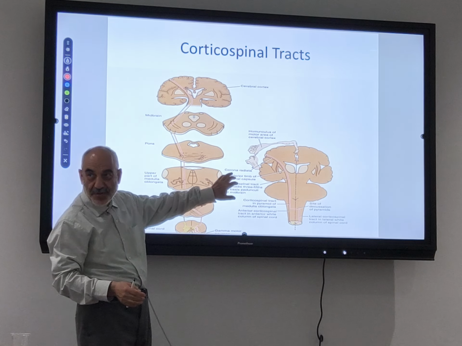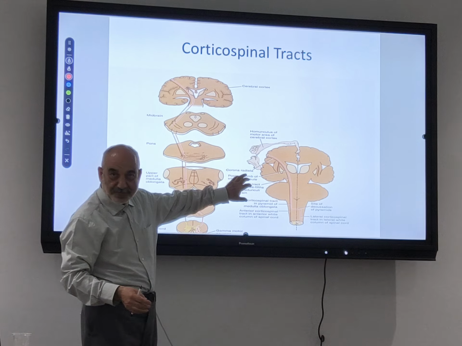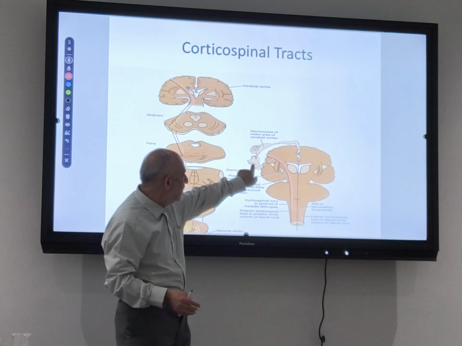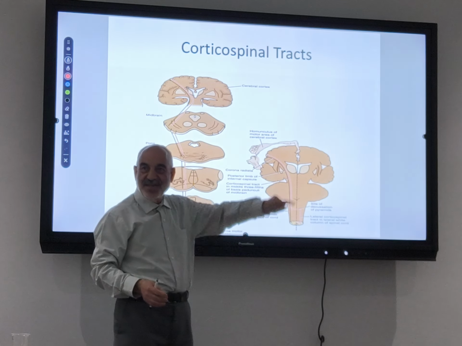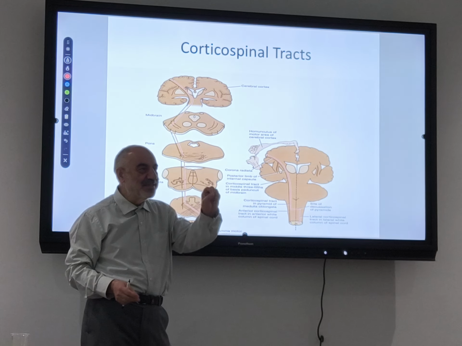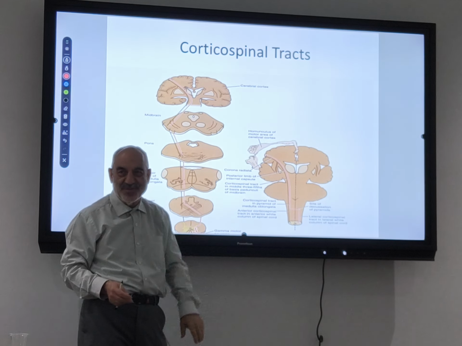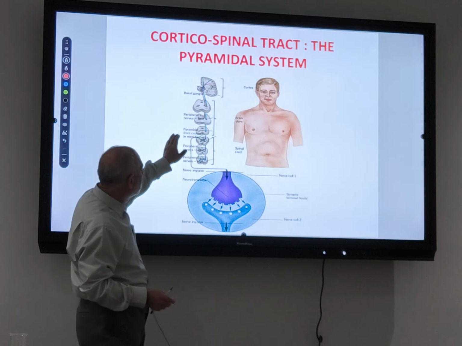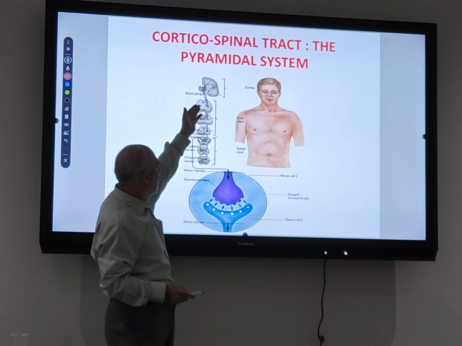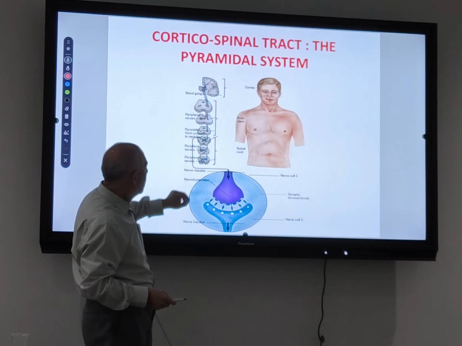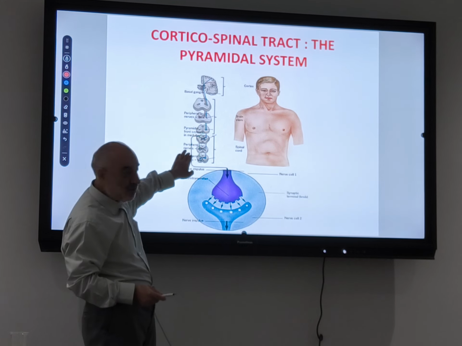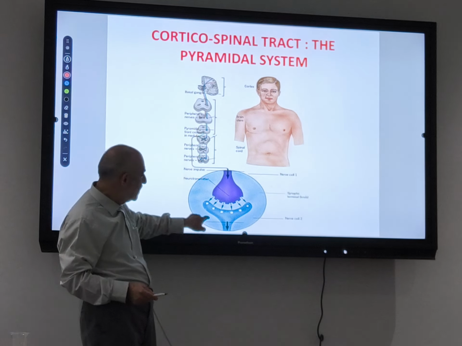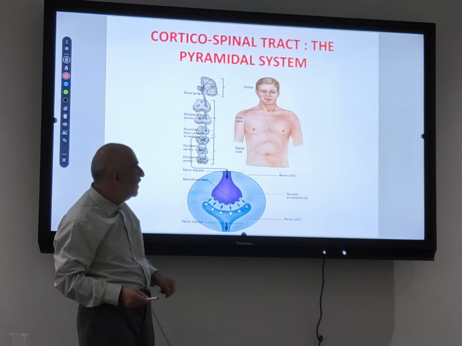If there is any problem, for example brain stroke affecting the corticospinal tract, you see the face and the hands of the patient have a lot of problems. And if you look, these are the corticospinal tracts in different parts of the spinal cord, and at the end they go to the side.